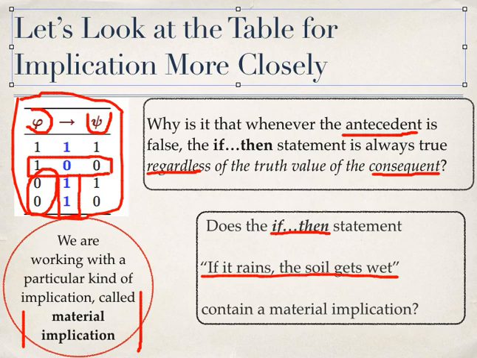So if we had a world in which it never rains, then the implication if it rains, the soil gets wet would always be true no matter what, regardless of whether the soil gets wet or not. So it seems that perhaps material implication as we have defined it here doesn't capture the meaning of all the if-then statements in natural language, but nevertheless this is how we are going to use the notion of implication in this course.